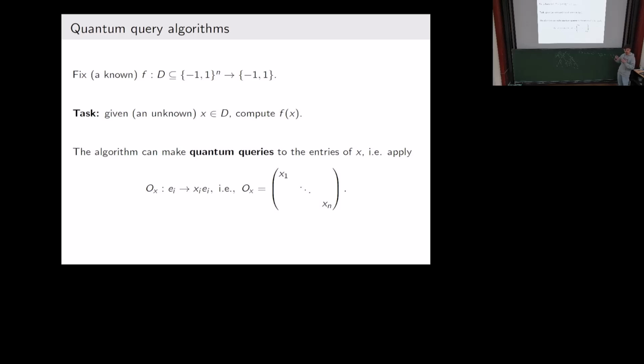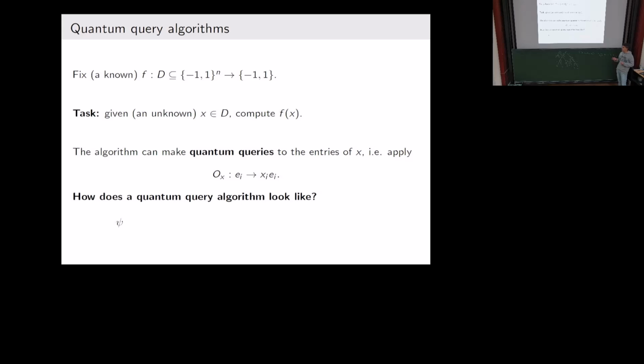So that is the way that a quantum query algorithm accesses the information about the input, and what does a quantum query algorithm look like? So we are going to start with a fixed state, which is somehow making the first decision, like in the decision tree case, to say that the first question that you're going to ask is x1. So it's like the first decision that you make even before making a query.